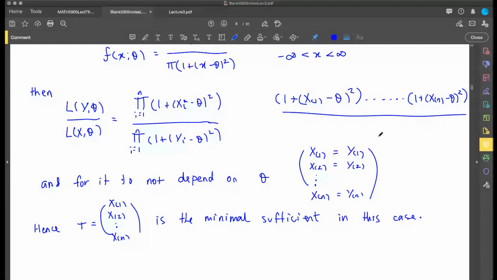And I'll do the same with the y's, 1 plus the smallest of the y minus theta squared, all the way up to 1 plus yn minus theta squared. And then because these are equal, this cancels with this one, that one cancels with that one. Just the indexing here has to change to match the order statistics, because here they're not ordered, and here I want them ordered.